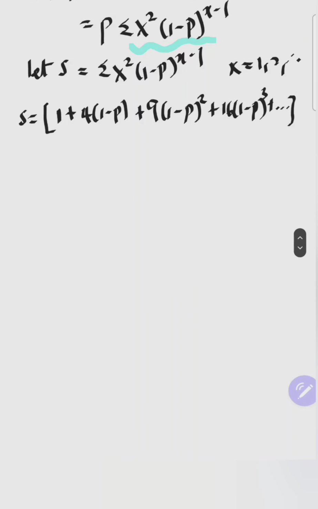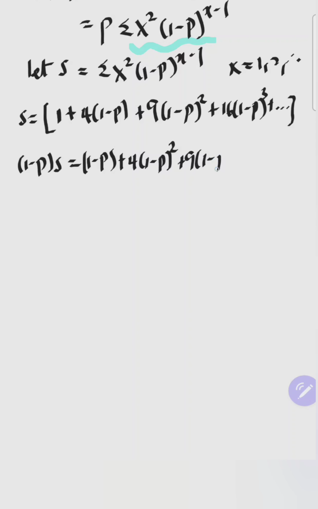Now, using the same approach as before, multiplying s by the coefficient 1 minus p, we can have this to be 1 minus p, which is the first term, plus 4(1 minus p) squared, plus 9(1 minus p) cubed, like this.